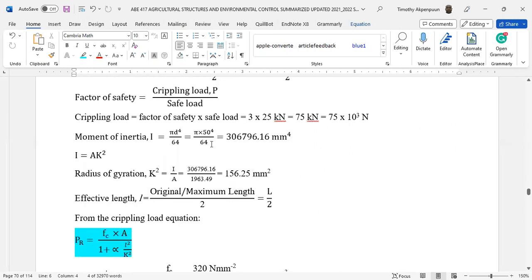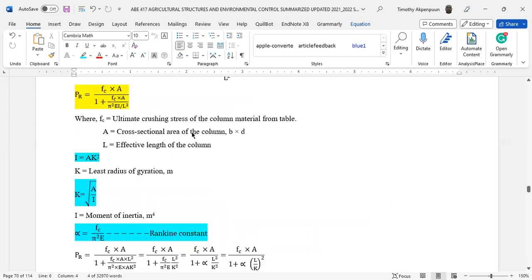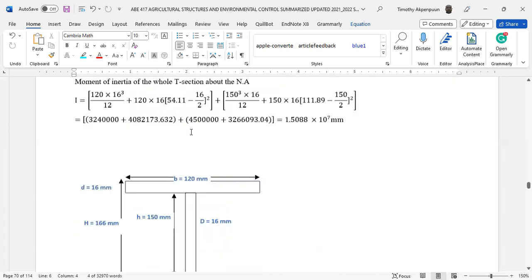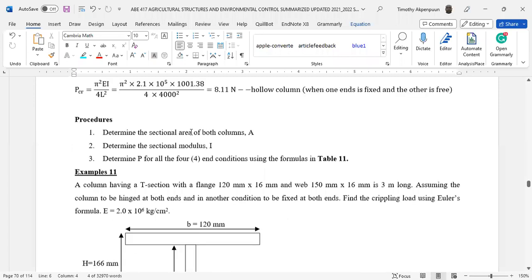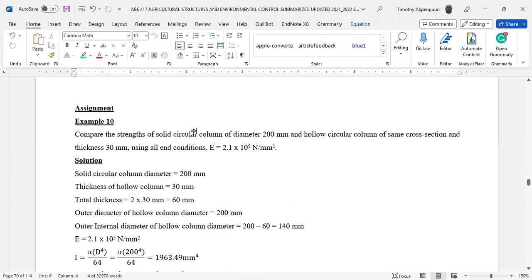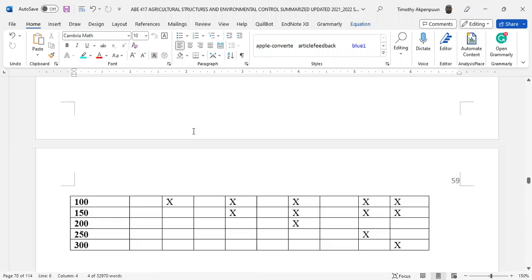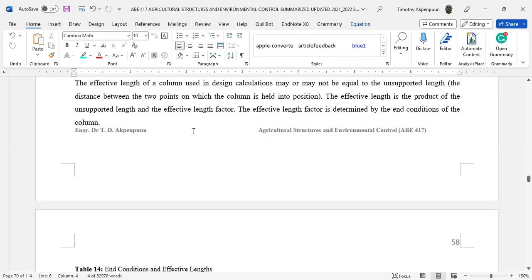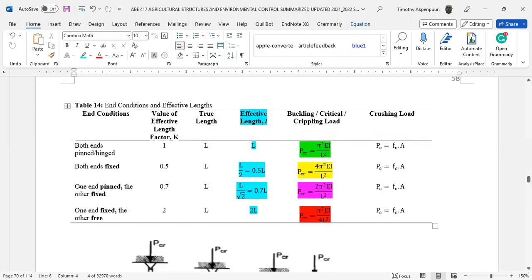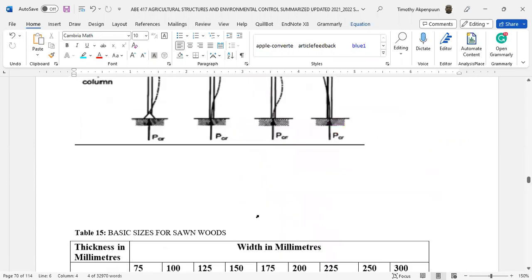One side is hinged, the other side is fixed. So what are we going to multiply? What's the correction factor? Who can remember? One end is hinged, the other is fixed, 0.7. So 0.7 L.